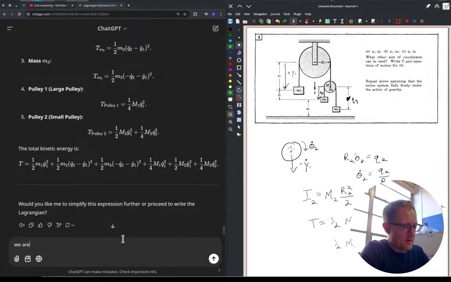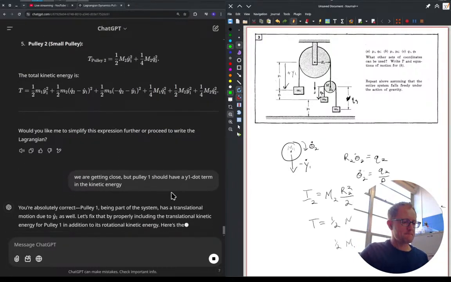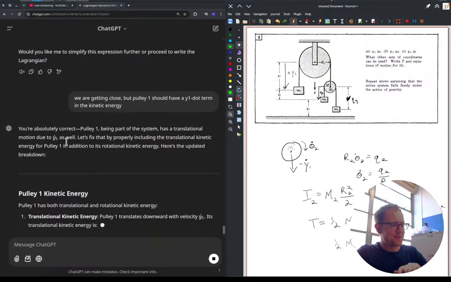Okay, so we are getting close, but pulley 1 should have a Y1 dot term in the kinetic energy. You're absolutely correct.